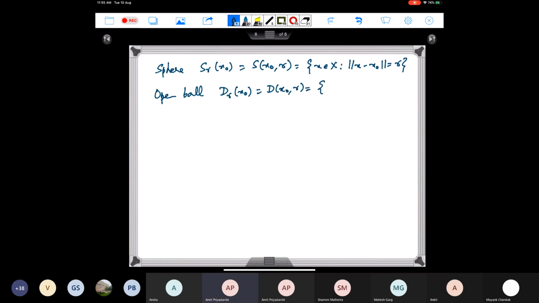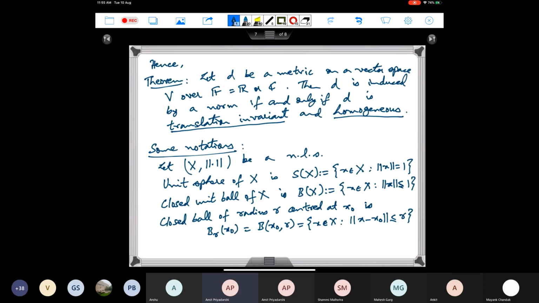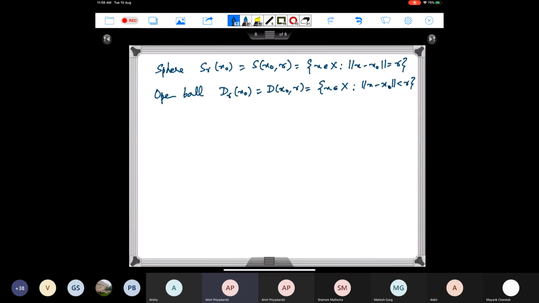This is equal to all those x in X such that norm of x minus x naught is less than r. In some books, B(x naught, r) denotes the open ball of radius r centered at x naught. But in this book, that is the notation for the closed ball, and for the open ball, we are using D(x naught, r). So these are just some notations.